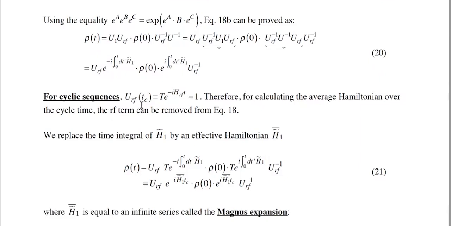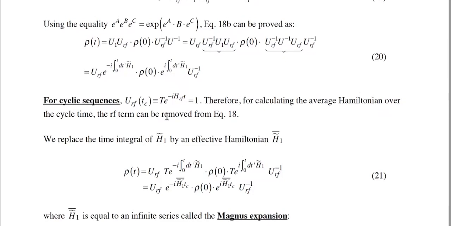Cyclic sequences, what is cyclic? U_RF is a bunch of these e to the minus I H_RF t. This T is a notation, the time-ordering Dyson operator, to say that, okay, if you have multiple pulses, you've got to keep doing this to represent all the pulses. But the point for cyclic sequences is that in the end, the whole thing over the cycle time of T_C, this U is 1.